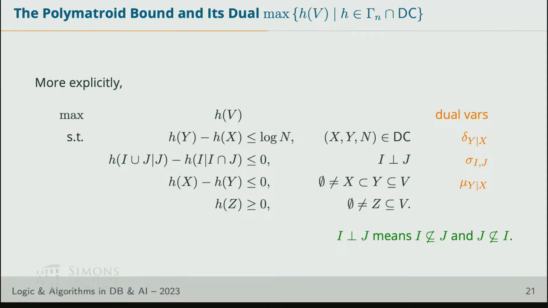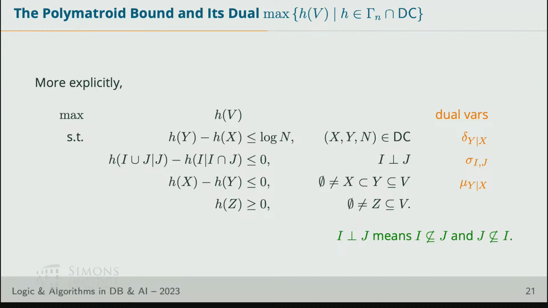This is without loss of generality. So this is a degree constraint. And then we have to write down the other three constraints that are from the polymatroid constraints. The first one is submodularity. All this is saying is, if you condition on more, then the conditional entropy will be reduced. Like if you know more, then the degree of uncertainty will become less. That's what submodularity means.